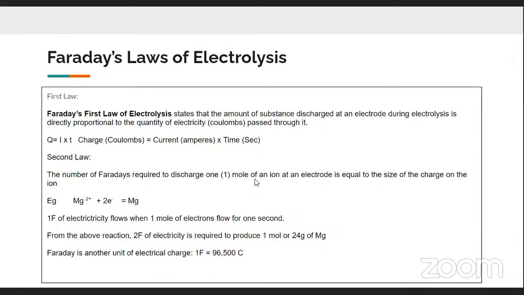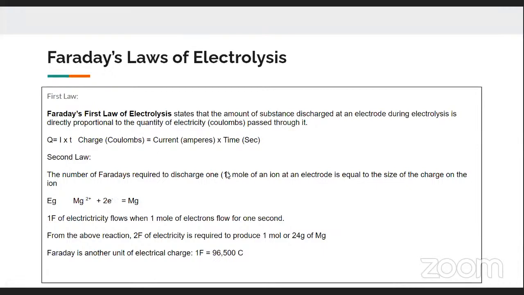So if I'm coating the spoon with silver, I need pure silver metal as my anode. And then for the electrolyte, I need a silver salt. All right. So Q equals IT, that's your quantity of electricity.